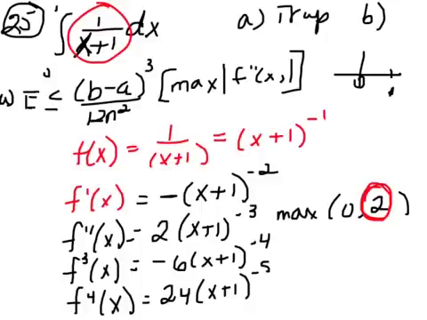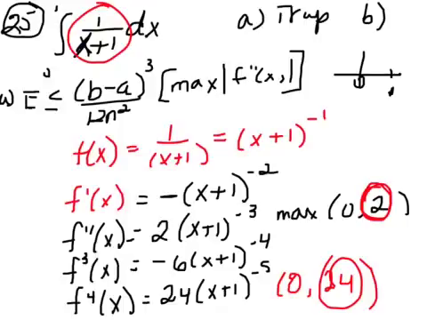Same thing. The maximum is going to occur at 0. If you go to the table, you've got the point (0, 24) here. So my maximum for Simpson's formula is going to be 24. We're going to use our calculator to find that instead of beating it to death, which we could do. We want to work smart here.